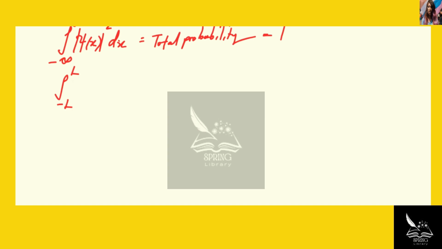We just have to bother about the wave function when it is between minus L and positive L. So the wave function squared would be A square times 1 minus x squared over L squared, squared. We have to integrate this and equate it to 1.